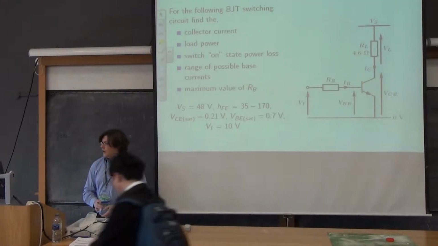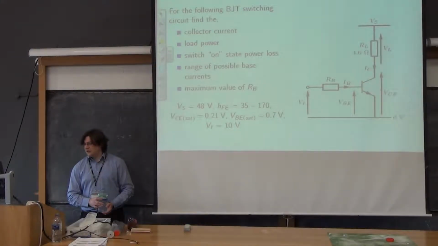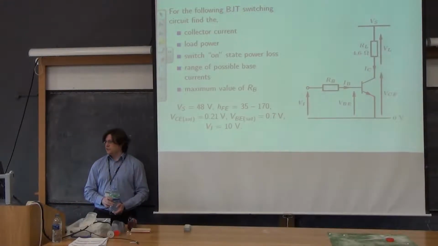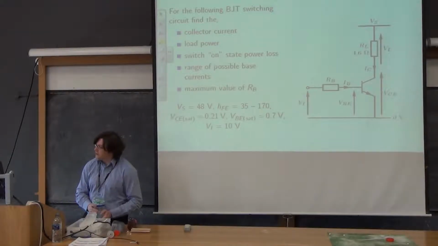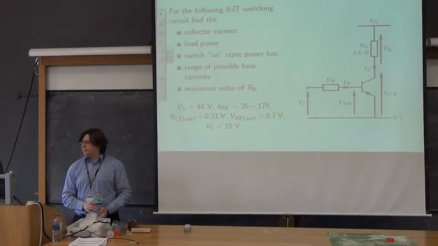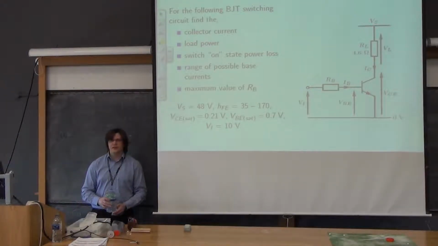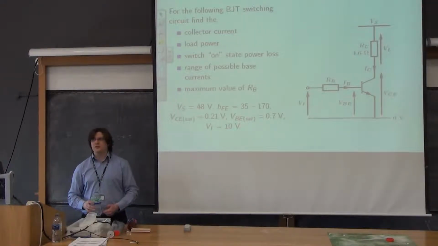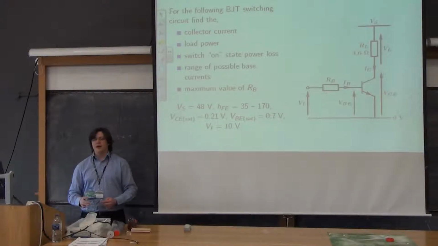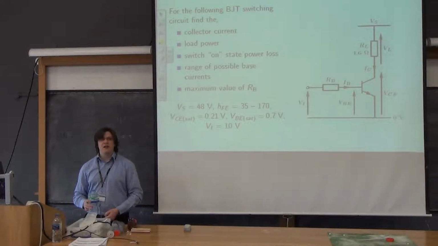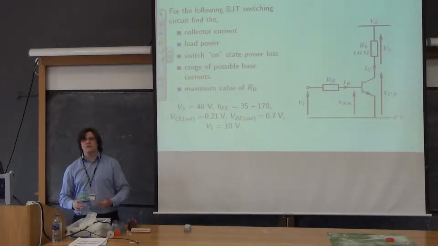So find the collector current, find the load power, find the switch on-state power loss, the range of possible base currents, and the maximum value of RB. Right, they're listed in that order because that's the order that you do them in. If you want to do the maximum value of RB, you'll have to do the possible base currents first, and to do the possible base currents you'll need to have got the collector current.